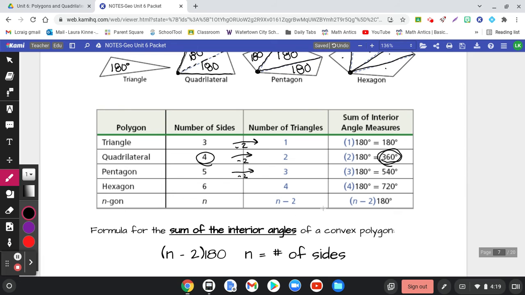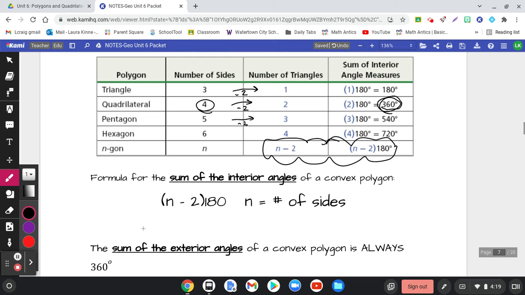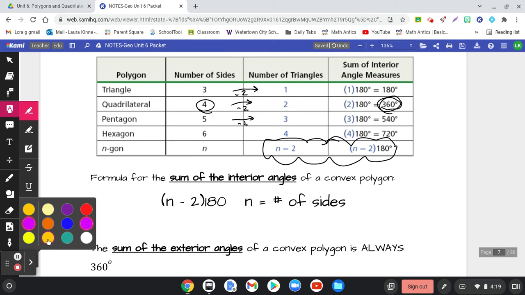So basically what's happening is this formula down here, for any polygon, the sum of the interior angles, and you definitely 100% need to memorize this, the sum of the interior angles, that means all the interior angles together, you take the number of sides minus 2 and multiply by 180.